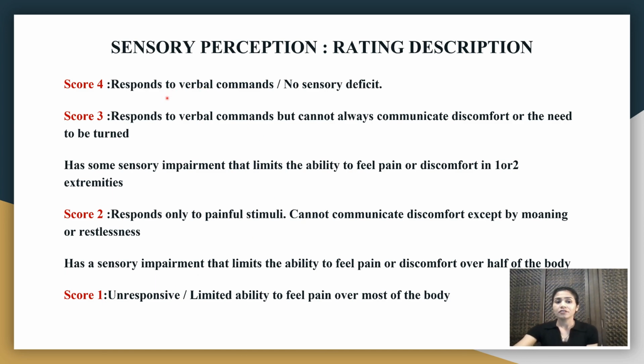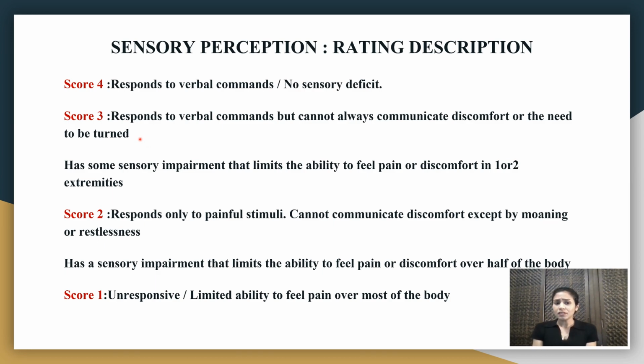So here, first, if a patient responds to verbal commands and patient doesn't have any sensory deficit, in such case, you can give a score of 4. For instance, the patient is talking normally, okay, and the patient doesn't have any sensory deficit. That means the patient can identify the pressure related discomfort or pain and report to us accordingly. So in such case, you can give a score of 4.